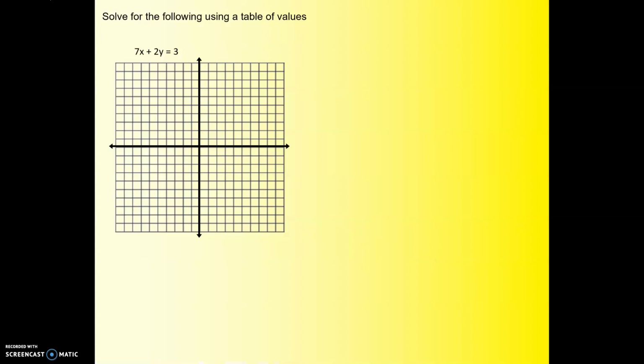Now this one wants me to solve for the following using a table of values. So that is your good old X and Y chart where you get to decide what your X values can be. You plug it into your equation and solve for the Y. Alright, so this is just a bunch of math. So now I'm going to get Y by itself.